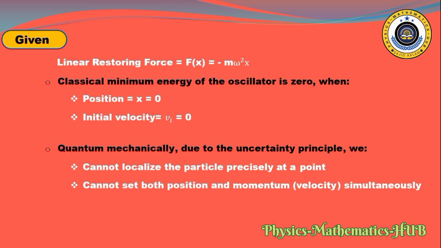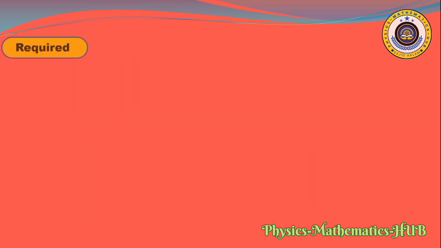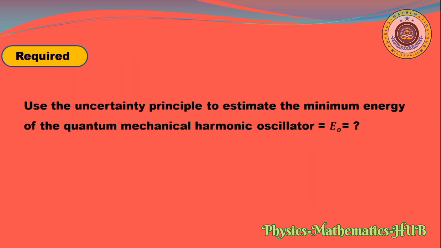Hence the particle must have some energy even at rest. We have to use the uncertainty principle to estimate the minimum energy of the quantum mechanical harmonic oscillator. The minimum energy is denoted by E naught.